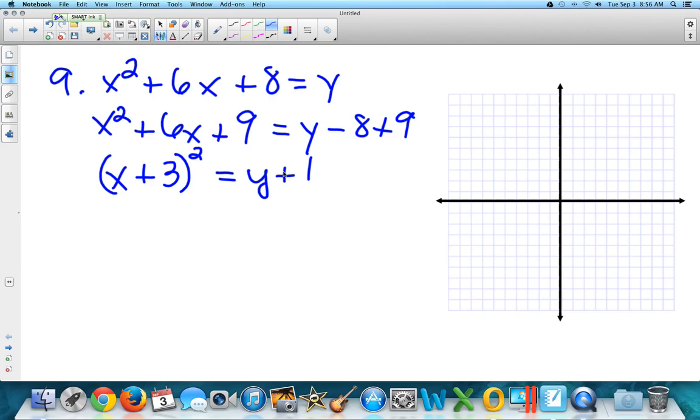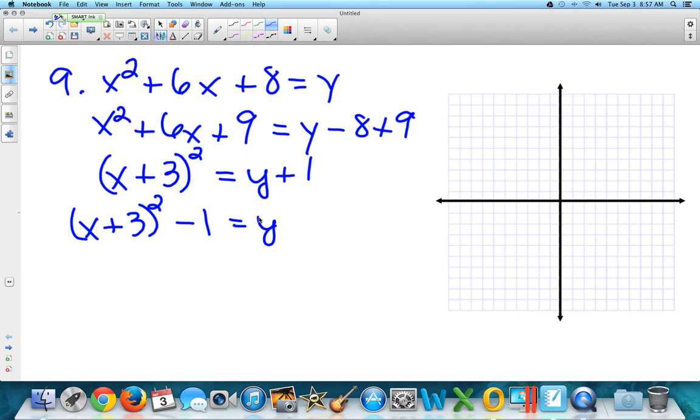Now, this is one of the 2 places that graphing a quadratic by completing the square differs from solving a quadratic by completing the square. Here, I'm going to bring the 1 back over, so I end up with x plus 3 squared minus 1 equals y.